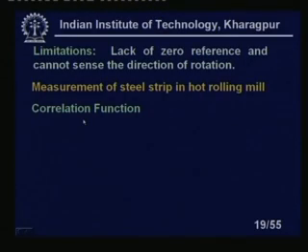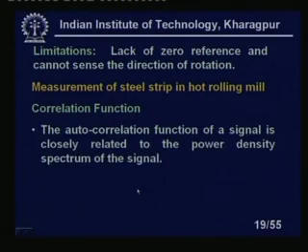Okay. Now, the question comes, we need a little bit of mathematics, that means the autocorrelation and the cross correlation functions, which will be discussed now. You see, the autocorrelation function of a signal is closely related to the power density spectrum of the signal.